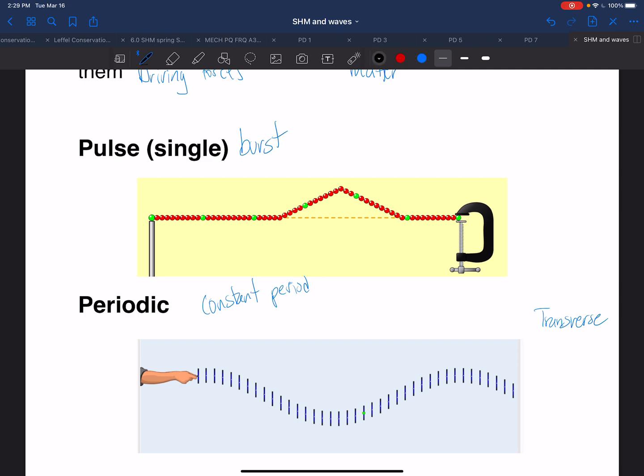If we put a line going through the equilibrium or starting point, we call this our equilibrium point or our zero, we can see then that it oscillates between this value and this value. And I'd like to make the connection that this would be X0 and minus X0.